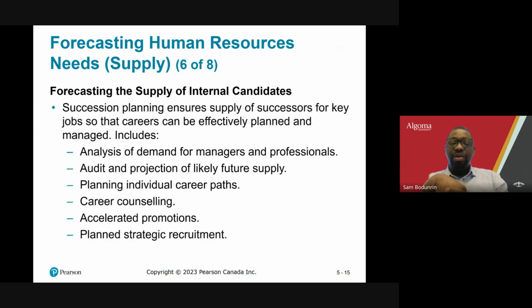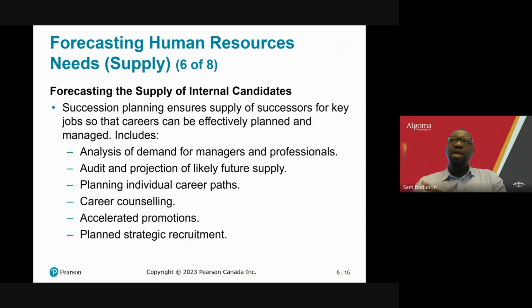Now, forecasting the supply of internal candidates. These are some of the steps, especially using succession planning to ensure a supply of successors for key jobs or key roles so that there will be efficient planning and efficient transitioning. Some of the things we need to do include analysis of jobs for managers and professionals, audits, and projection of likely future supply of labor, and planning individual career paths so that everybody knows, this is my career path I'm going through.